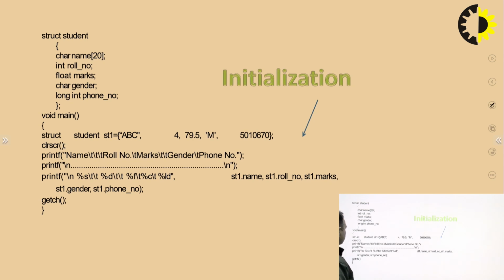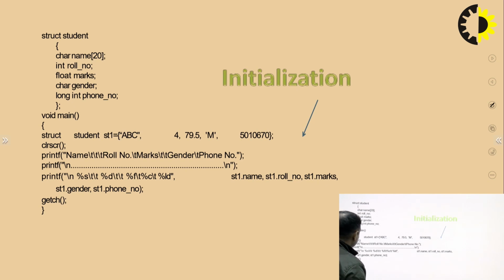Here st1 is a structure variable, in which abc is the name, 4 is the roll number, 79.5 is the marks, gender is M for male, and phone number is 5010670. You can declare a particular structure variable and also initialize it like that, with open curly brace, closing curly brace, assigning the elements in the structure variable.